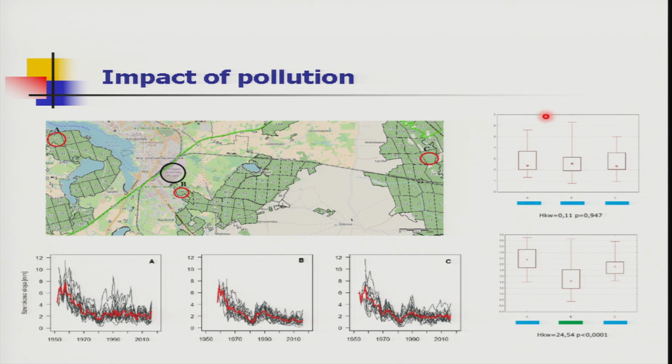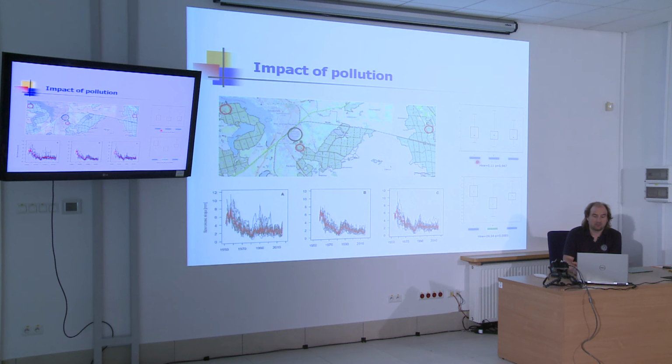And when we compared average tree-ring width before plant construction, this is this upper panel, and after the plant construction, the lower panel, we see that in the first case trees grew similarly. There was no significant difference between the sites.